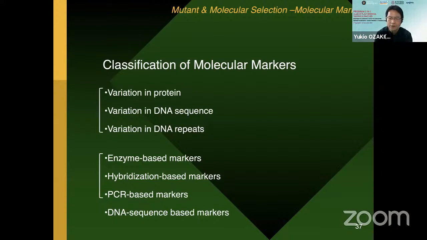Variation in DNA repeats, for example, microsatellite. Various methods are used to detect molecular markers. In this regard, four distinct conceptual classes of molecular markers may be identified: enzyme-based markers, hybridization-based markers, PCR-based markers, and DNA sequence-based markers.